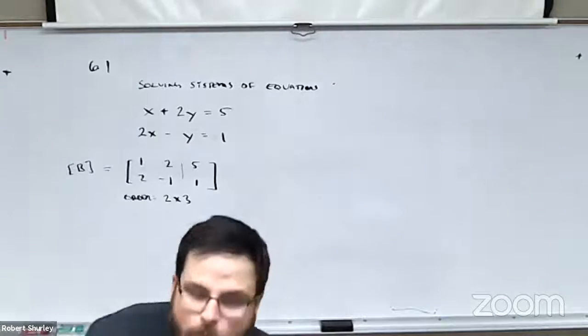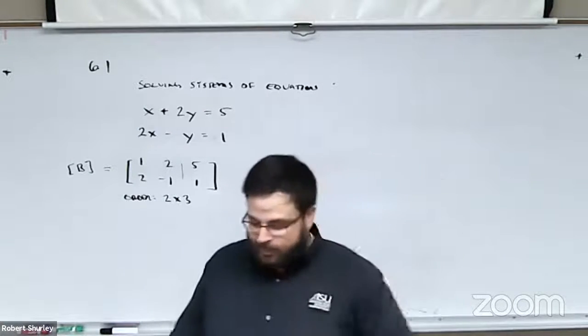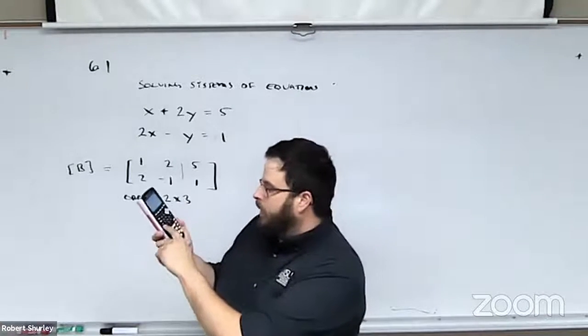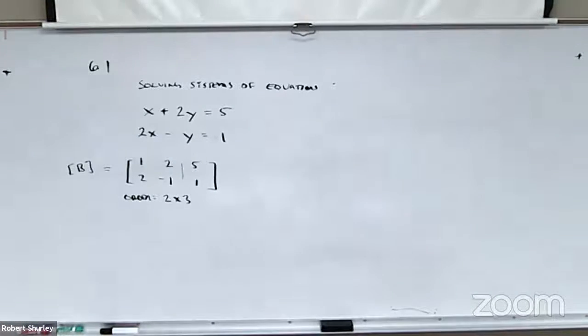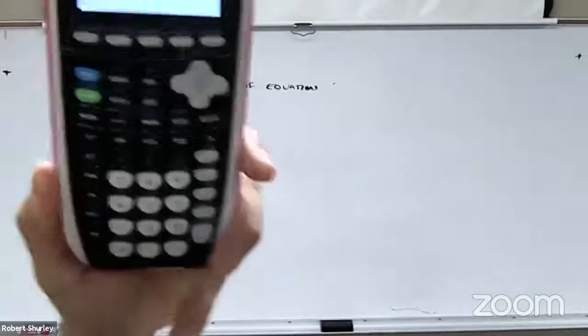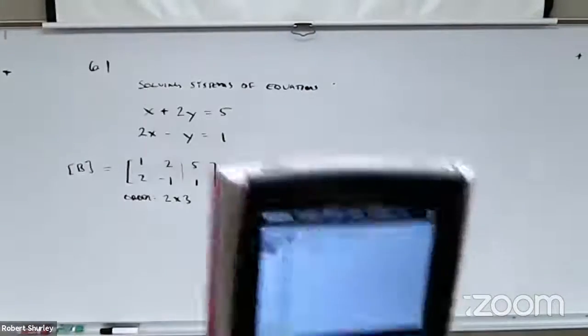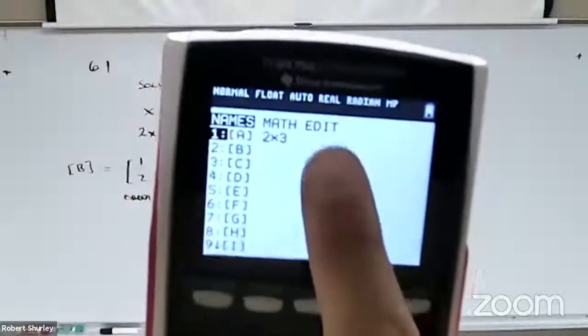So remember, you're going to go into the matrix options, which I'm going to be a little lazy about now instead of shoving it into the camera. You've got to hit second, matrix, and remember the matrix is above the x to the -1. You get back to this screen, but now I'm going to call this matrix B. So remember, we've got to edit it first.